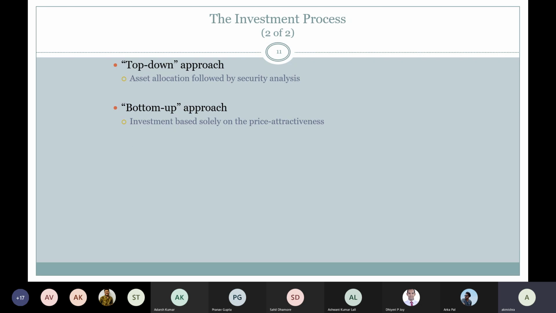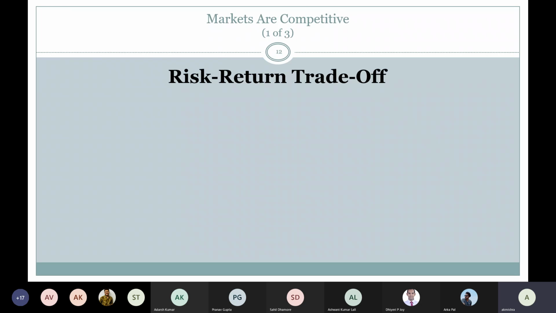Once you decide whether you want an equity portfolio, a pure debt portfolio, or some kind of combination, you can easily compare your portfolio performance. And that's why most of the analysts you will find prefer the top-down approach.